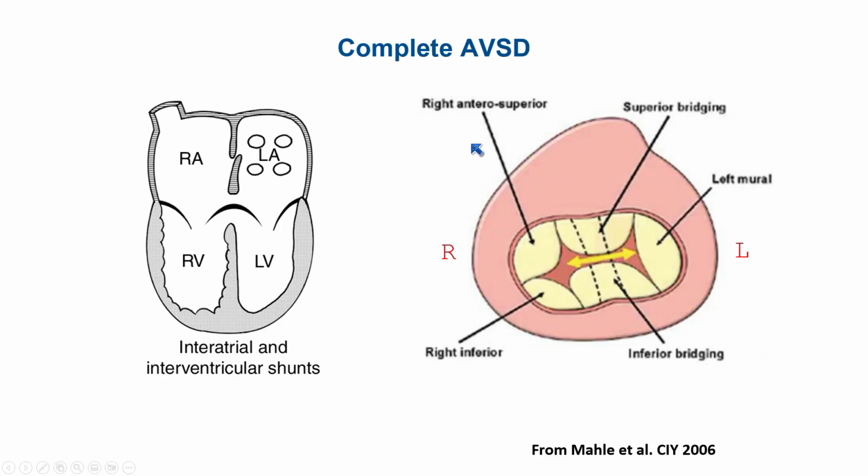And the right anterior superior leaflet can be variably small. It can actually be even fused with the superior bridging leaflet, and you have a right inferior leaflet. There is no communication between the superior bridging leaflet and the inferior bridging leaflet in the complete AVSD. So you have septal defects between the atrium and the ventricle.